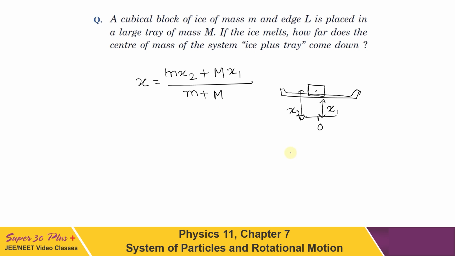If we now consider the new center of mass of the ice tray system, which is at a height x dash, then x dash can be written as m times x2 minus L by 2, because initially the edge is L, and if this center has come to the surface of the tray, of course it has come down by L by 2.